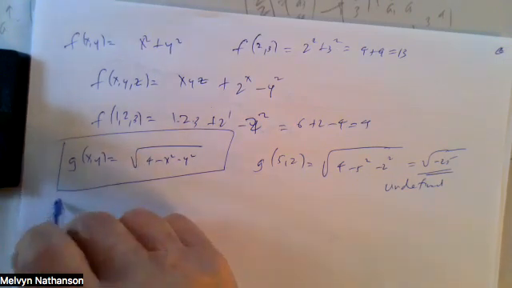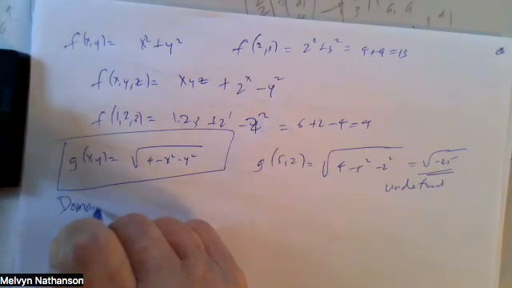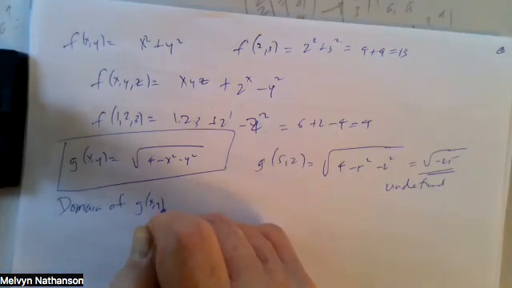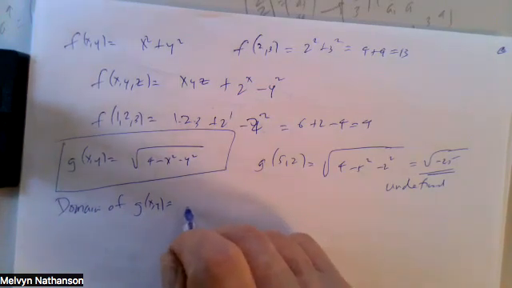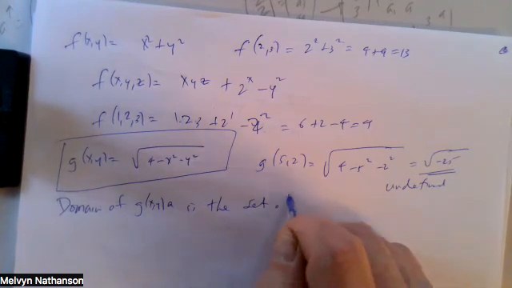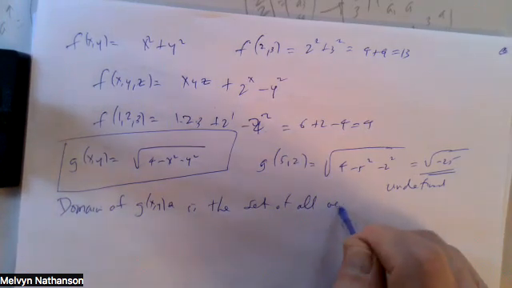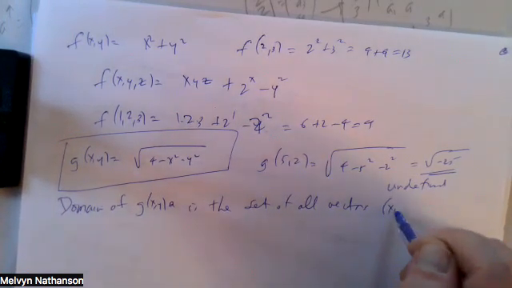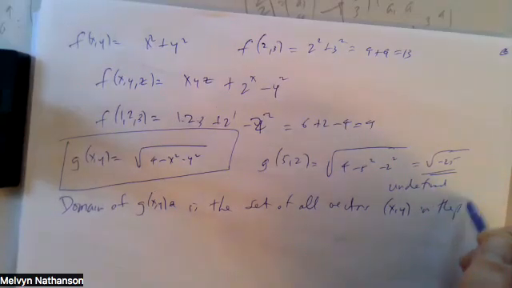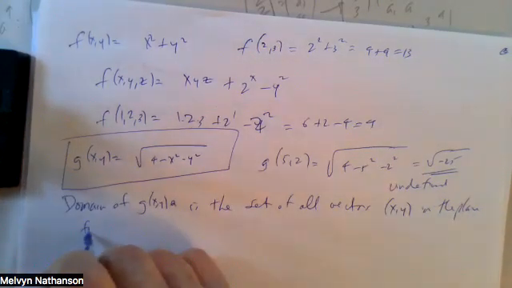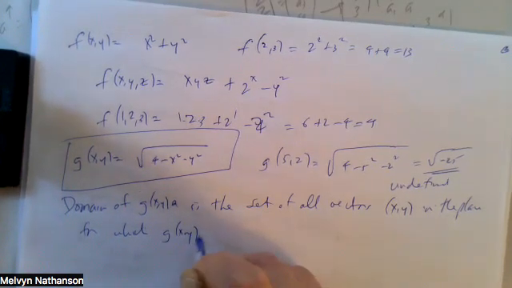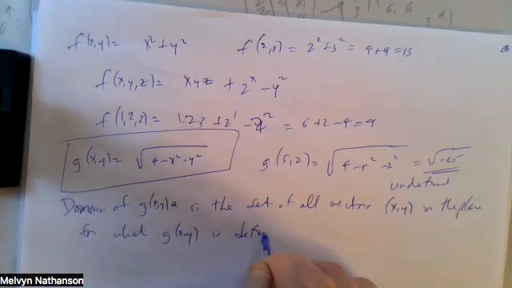So for any function, the domain of this function, in this case, the domain of g of x, y, is the set of all vectors x, y in the plane for which g of x, y is defined.